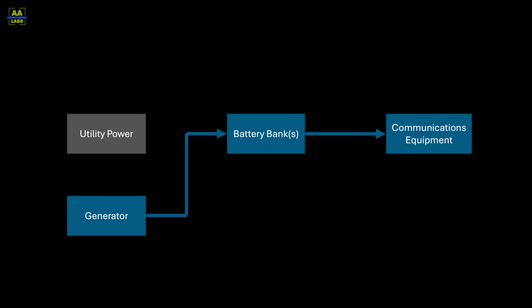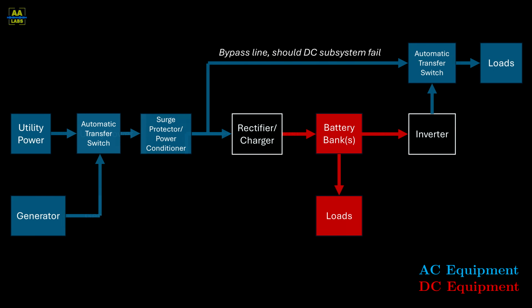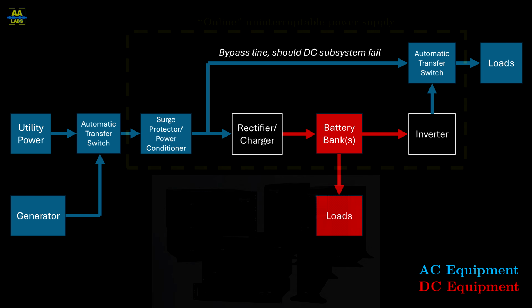Now, let's expand upon the block diagram we showed earlier in the video. Here's a more complete block diagram for a general power redundancy system. You might have loads that require AC power, so you'll need to convert the DC from the batteries back to AC with an inverter. Should this DC subsystem fail, a bypass line can still provide power.